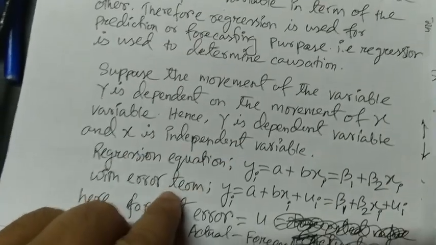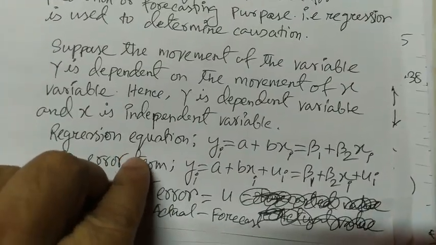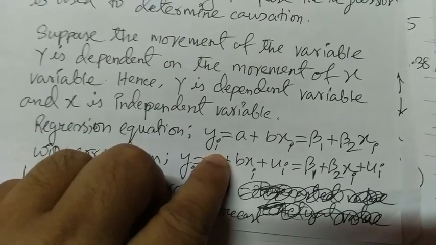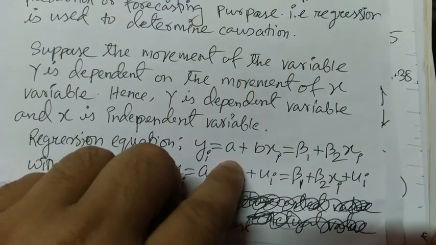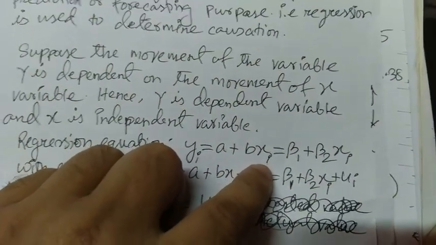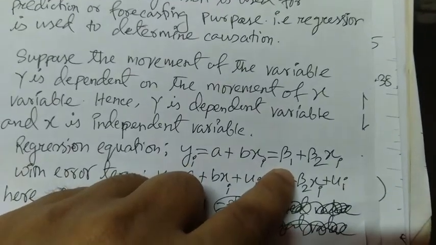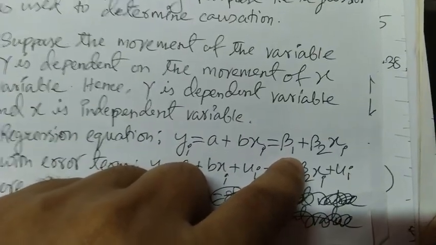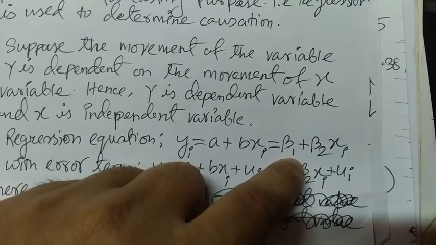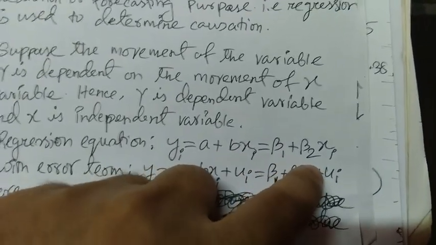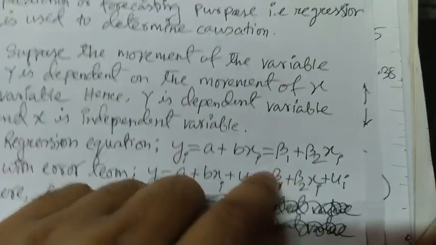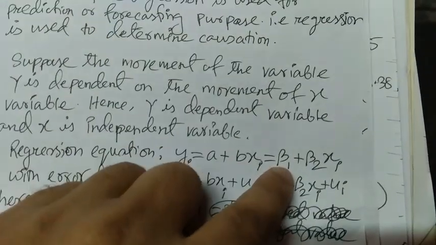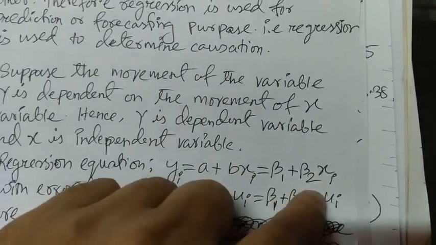So the regression equation can be written as y equals a plus bx, or it can be written as beta 1 plus beta 2 x, where beta is the Greek letter. So here a is similar to beta 1, and b is similar to beta 2.